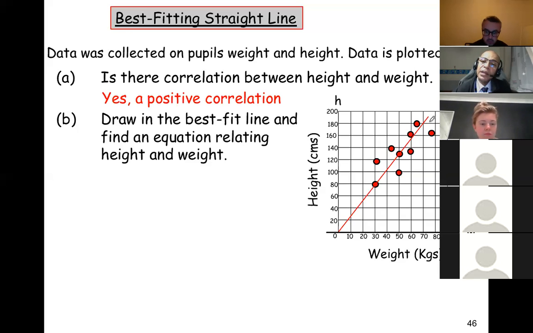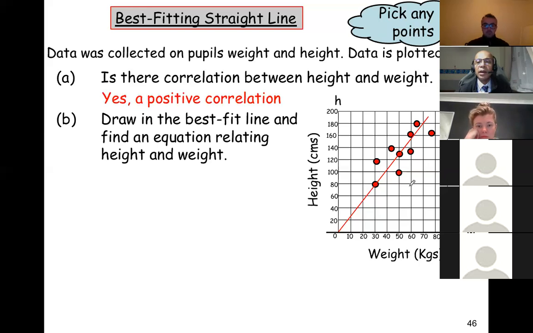We have 3 points above the line, 1 point touching the line, and another 3 points below the line. That's how you would go about putting in a best fit line: trying to put a line through so that you've got as many points above as you have below it. It's not a real science as to where you would put your line.